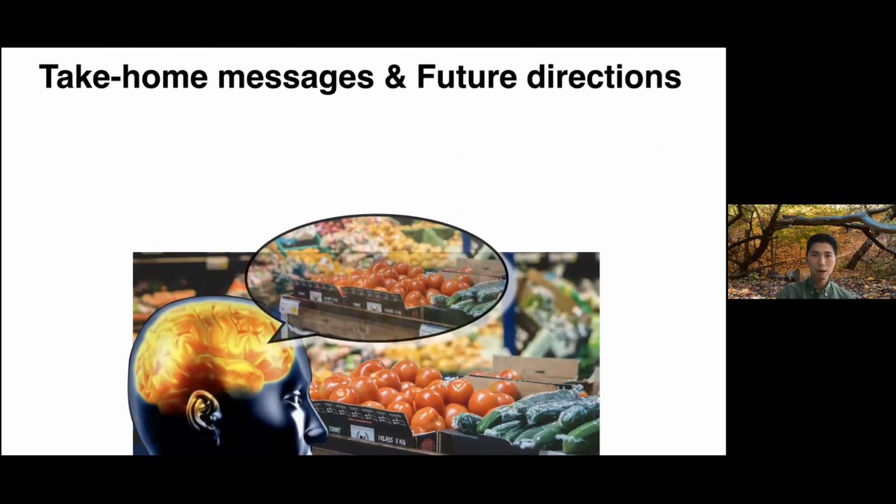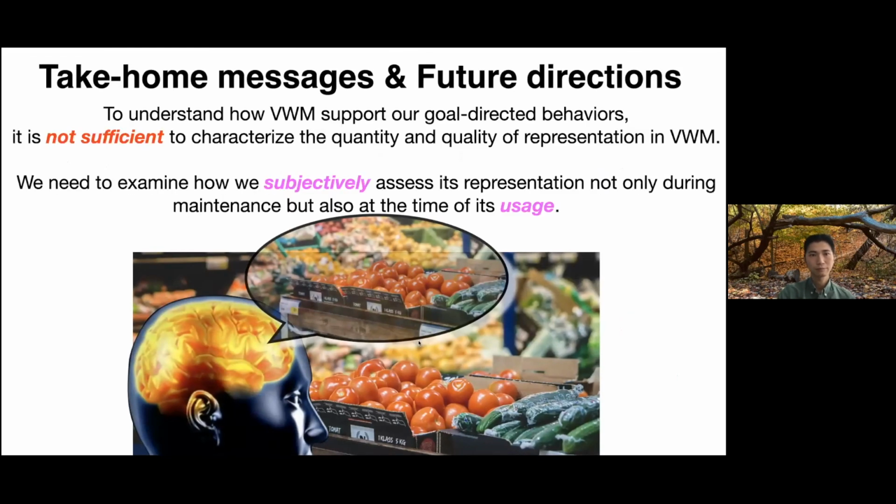So to wrap up, in order for us to best understand goal-directed working memory, it is not sufficient to just focus on characterizing the quality and quantity of information represented in working memory. What we really need to look at is what happens to working memory and how we assess the quality of the representation subjectively, right?